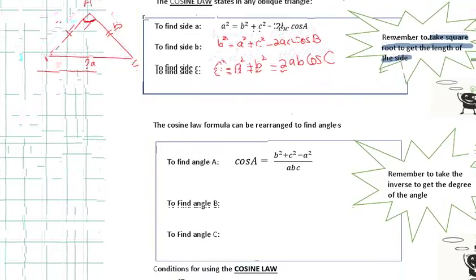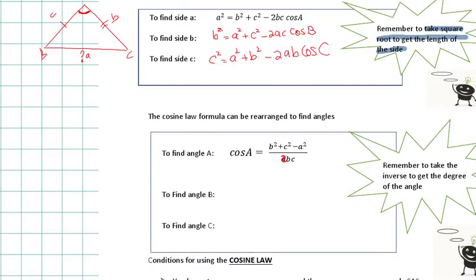So cosine A, if you're looking for angle A, then it will become b squared plus c squared minus a squared over 2bc. Fix that, please, for it to say 2bc.